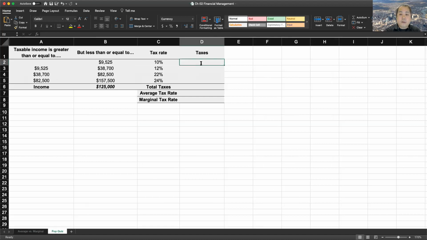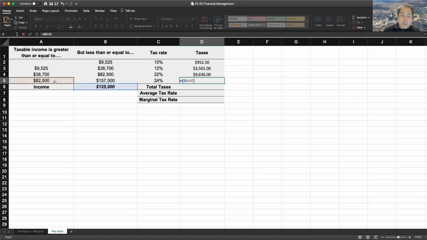And first, the $9,525 is at 10%, right? And the same thing for the next brackets. And finally here, your income is $125,000, so it's below $157,500.